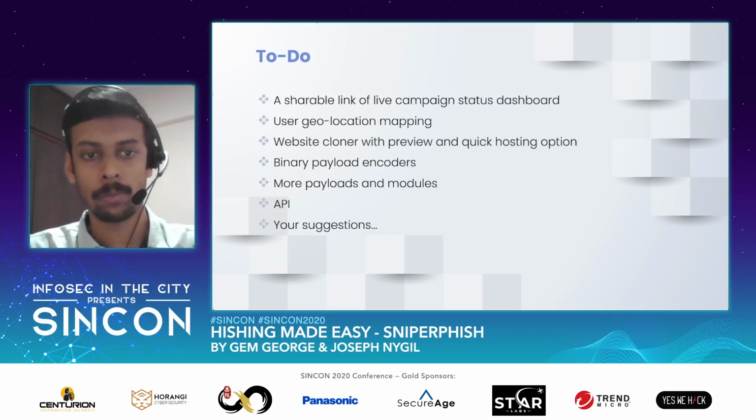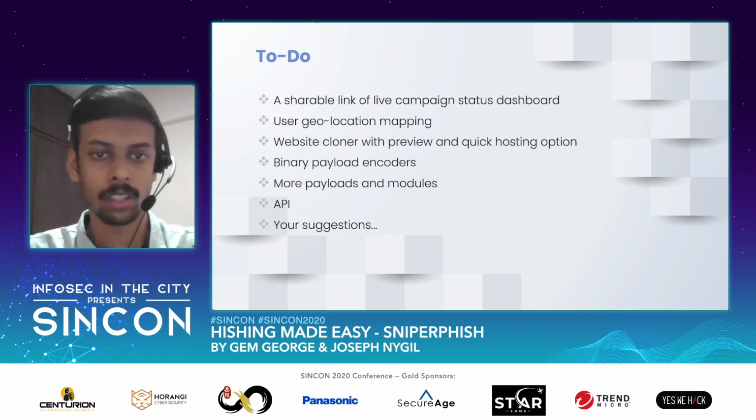Next one is more payloads and modules. We will be adding more payloads and more encoders soon. And the API, we will be developing an API so that if you have any toolkit or any software that you want to integrate with SniperPhish, you can use that.